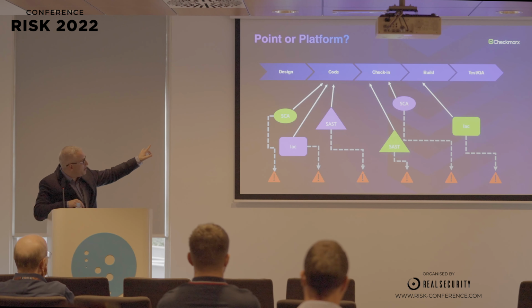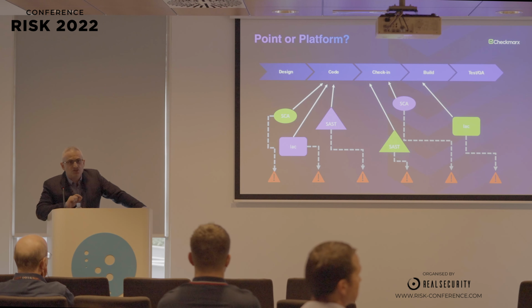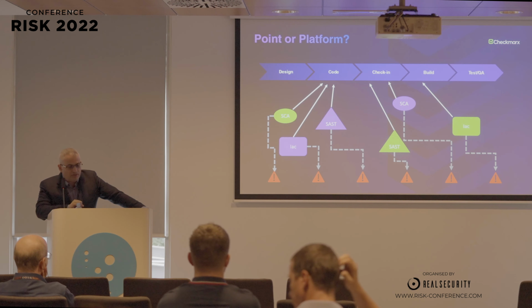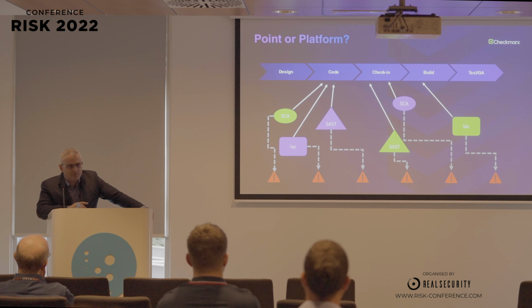I marked them by different colors, for example, two vendors, and you can choose for each technology the best vendor you can find. For example, you found the best for SCA, the best for SAST, the best for IaC. And this approach is working. In fact, if each vendor provides the best results, you can use it. It makes sense. But this approach has a few weak points.